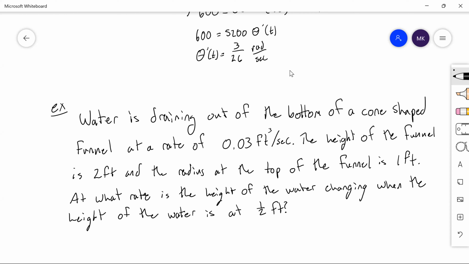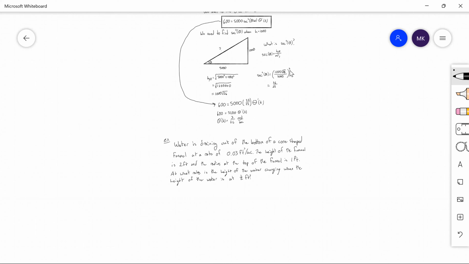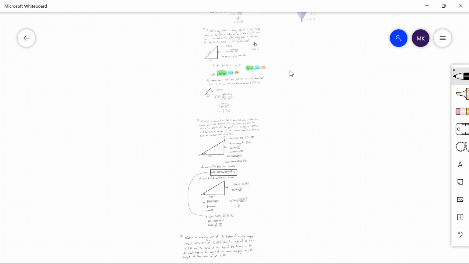We know the cone's shape is 2 feet tall with a 1 foot radius. So that tells me that the height of the cone and the diameter of the cone are the same. We want to know at what rate the height of the water is changing when the height of the water is 1/2 foot. So I'm going to pull in a picture that I copied from elsewhere.